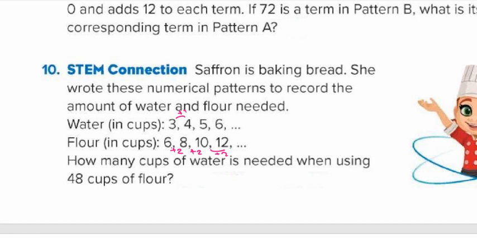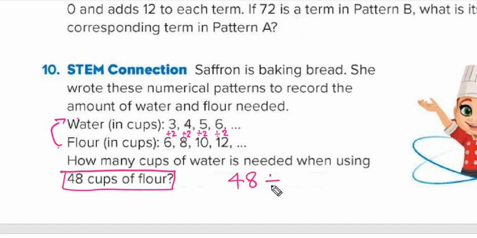Now let's try to find the corresponding relation. 6 divide 2 will give you 3. 8 divide 2 will give you 4. 10 divide 2 will give you 5. 12 divide 2 will give you 6. Because it is asking for 48 cups of flour how much water is needed, it is asking from this side to this side. So 48 divide 2 will give you 24 cups of water.